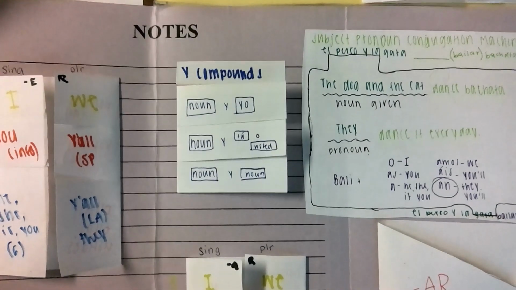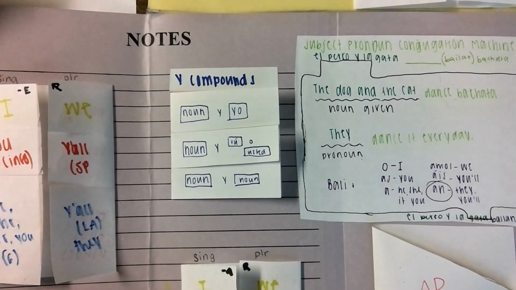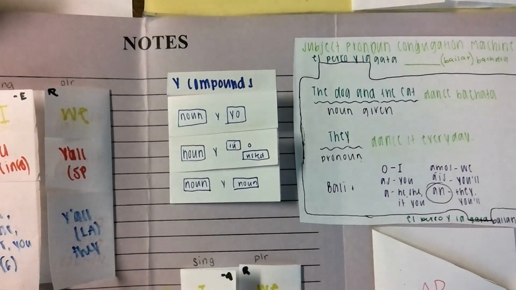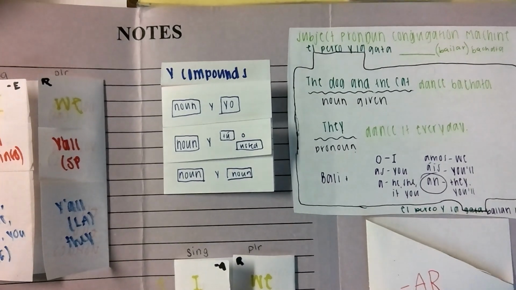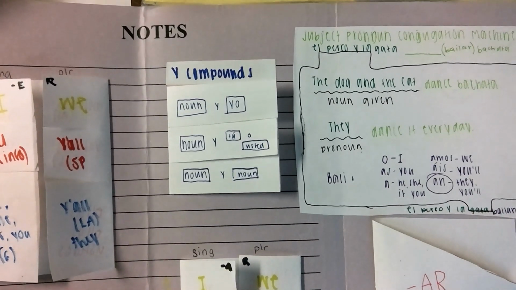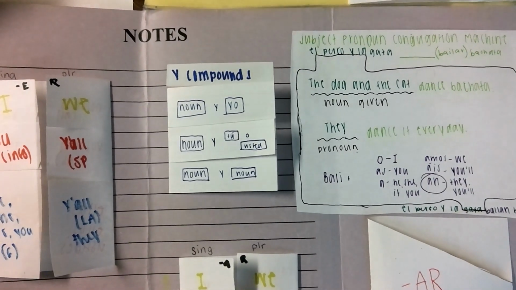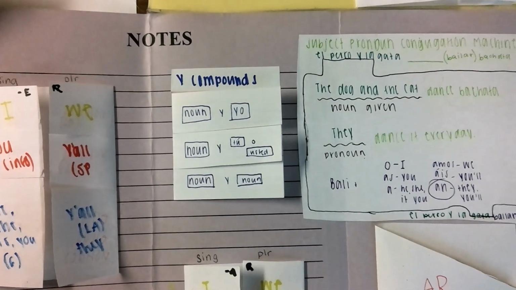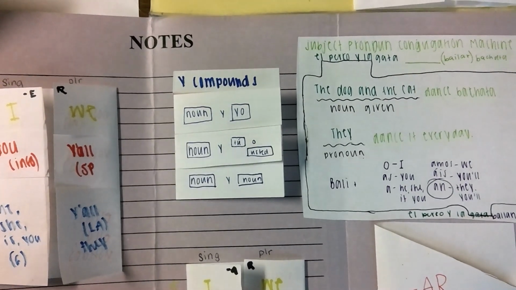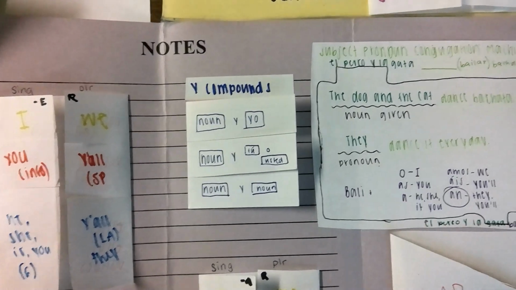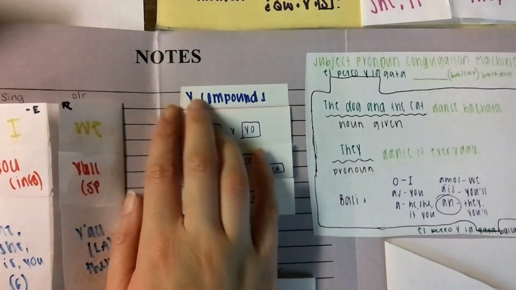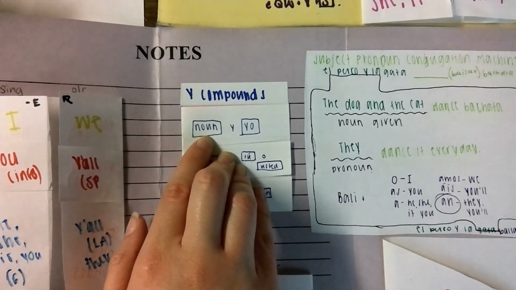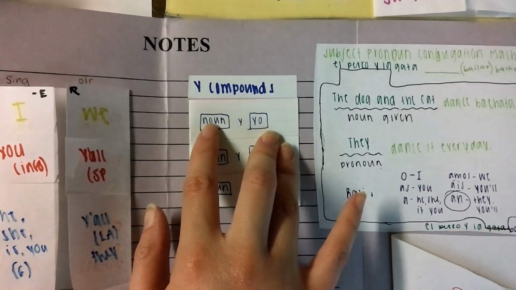So I have noun written there to refer to any type of noun that is not a pronoun, such as the pencil or Sally or the children. Okay, so anything that is not already a pronoun. And so this one, the first one, is any noun plus yo.